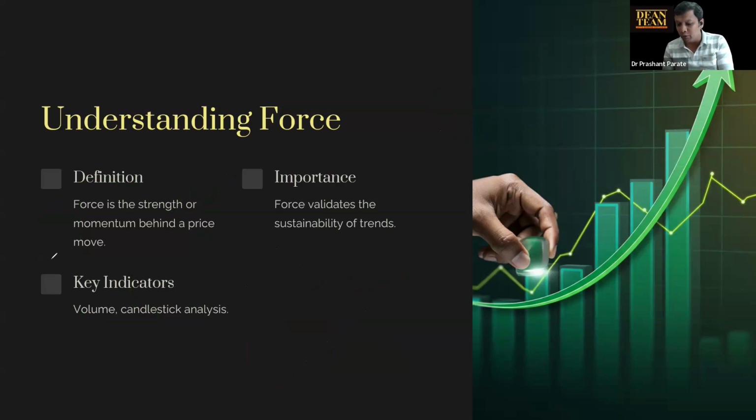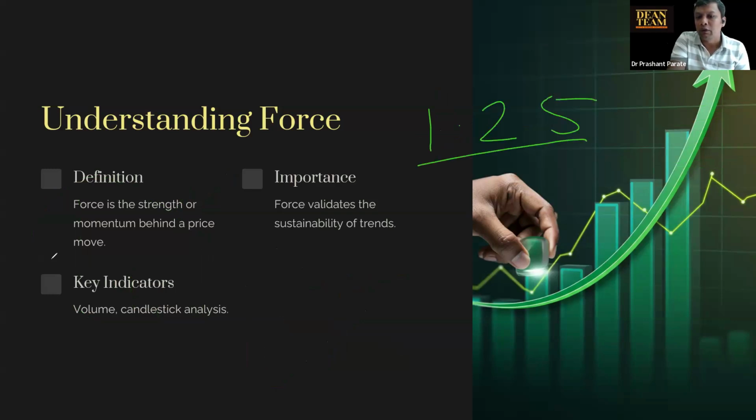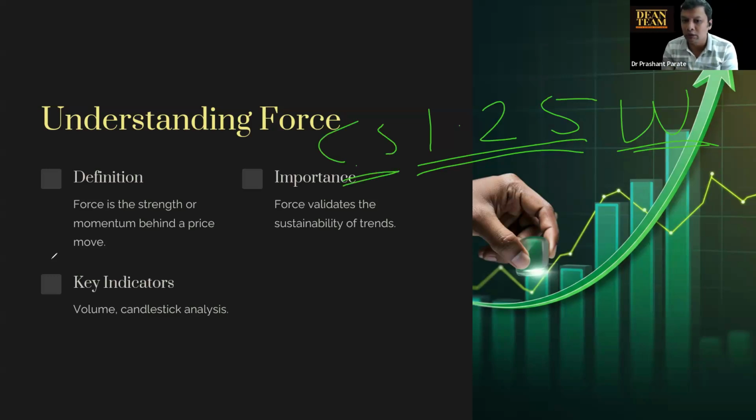If we feel that it should be 1.5, it should be 2 times, you can decide your parameters, but I have seen that we can rely on 1.25. So this is a widespread candle, also called a larger spread candle. This is candle spread. Along with this, what is another thing which is important?